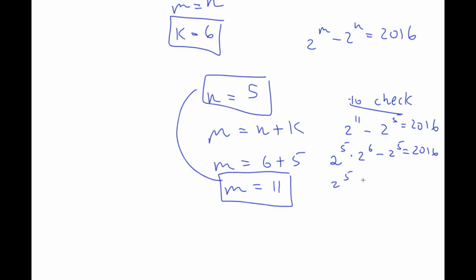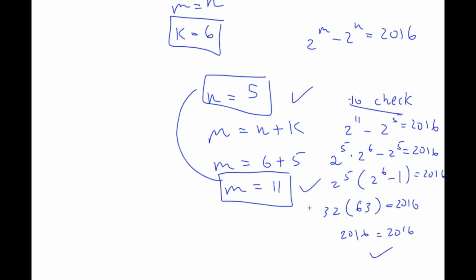Now if I factor out 2 to the power of 5, I get 2 to the power of 5 times 2 to the power of 6 minus 1, 2016. Now 2 to the power of 5 is 32. 2 to the power of 6 is 64. 64 minus 1. And now this is equal to 2016. 32 times 63 is 2016. So we have 2016 is equal to 2016, meaning our values for n and m are right.